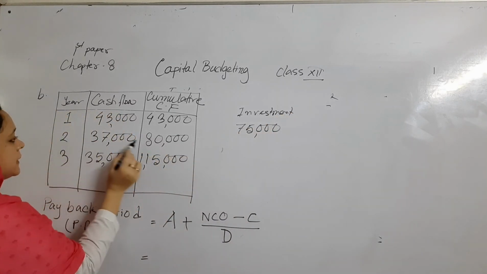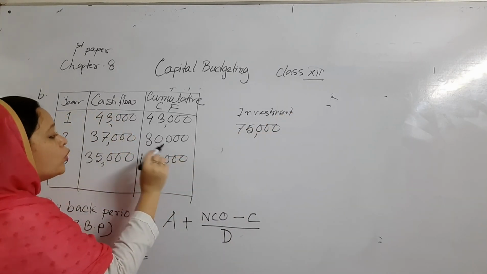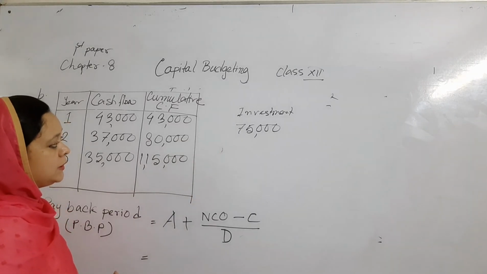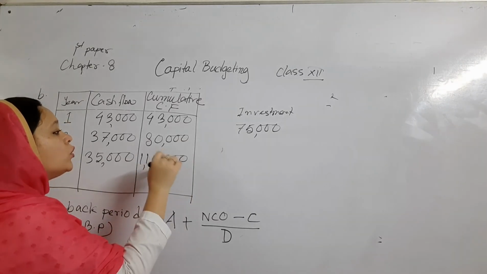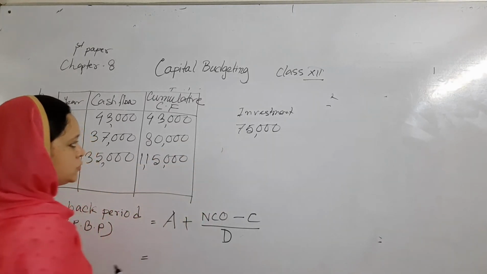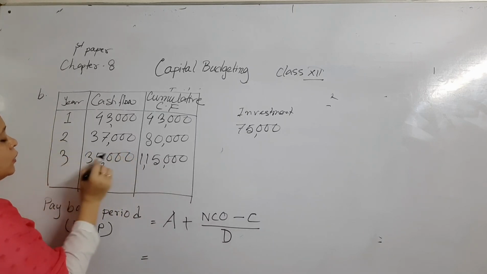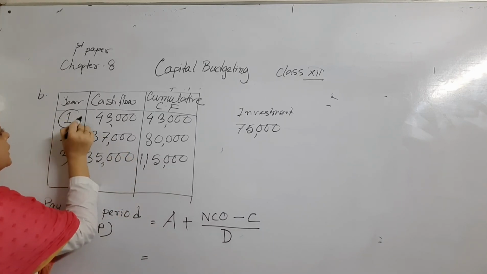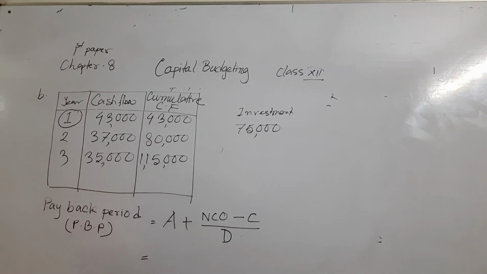And the second year's cumulative is over the initial investment. It means 80,000 is over 75,000. So we can't take this year. We have to take year 1. It means 1 year is needed to recover the initial investment.